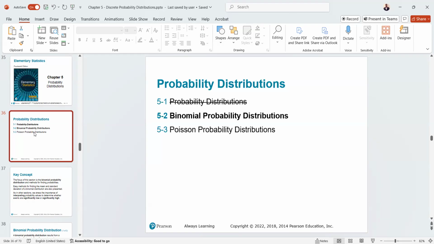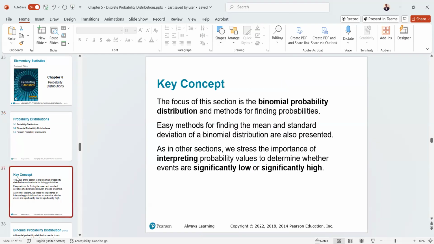As we do for each section, let's see in terms of key concepts what we're going to do. We already introduced the discrete probability distributions, and among these various discrete probability distributions, one of them is the binomial distribution. That will be our focus, along with methods for finding those probabilities.